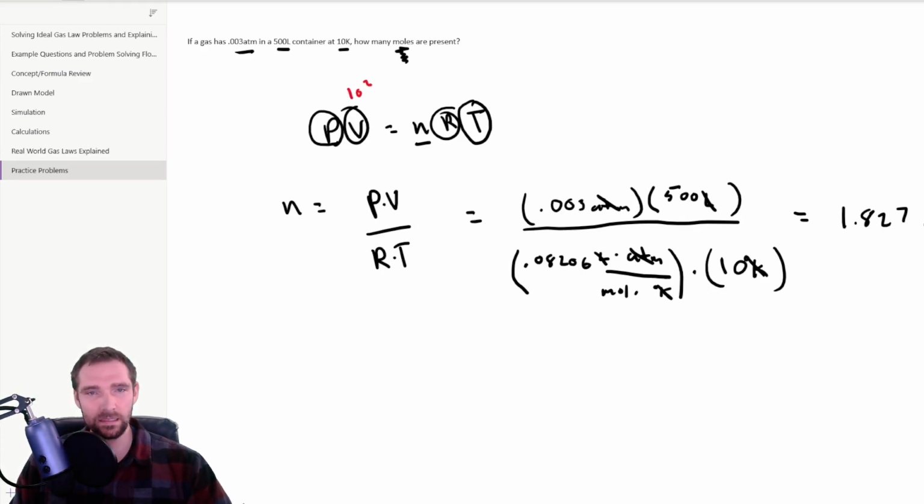I'm just looking at my raw magnitudes of power. This is 10 up to the second. This is 10 up to the, what is that, 1, 2, 3. And this is 10 up to the 1, 2. And then this is 10 up to the 1, 2 for the R. And then the T is 10 up to the first power.